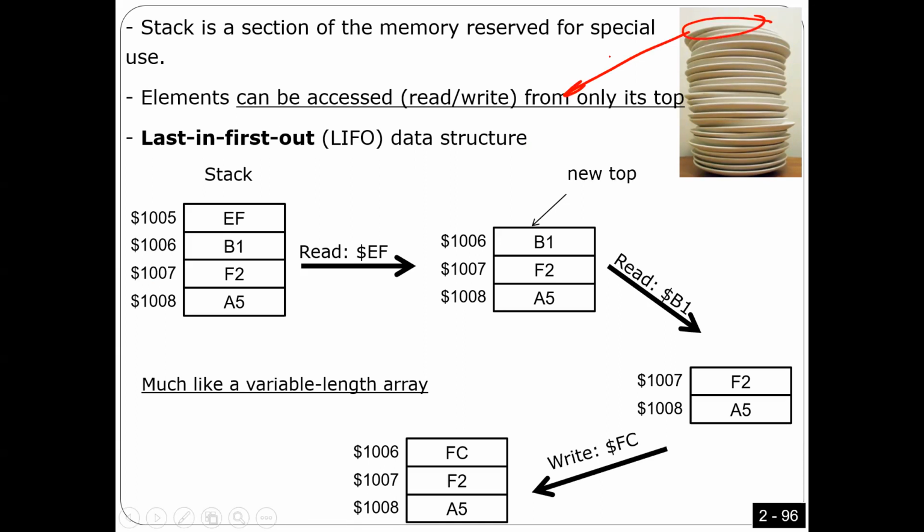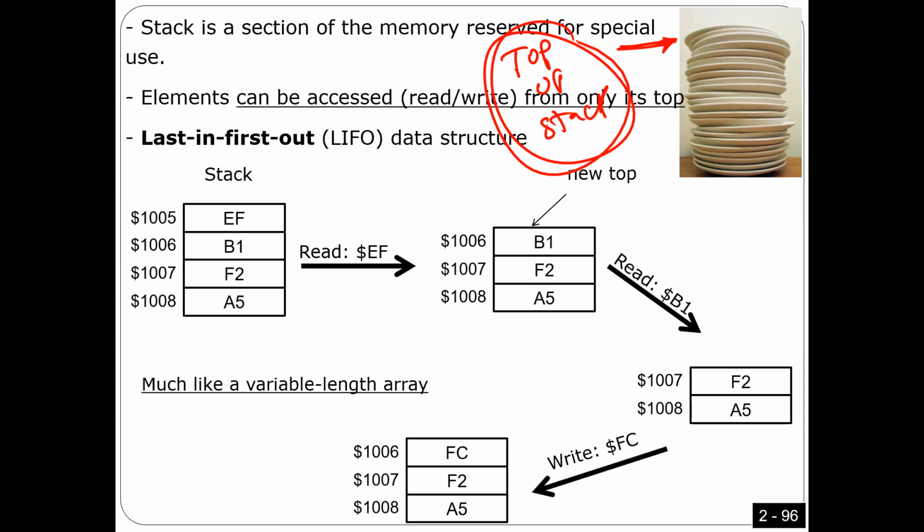That means I cannot randomly get any plate here. No, you cannot. So that means I should have a location that I call the top of the stack. If I want to write, I have to write at this location.